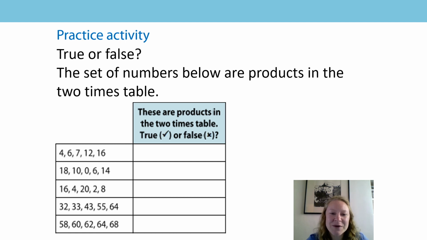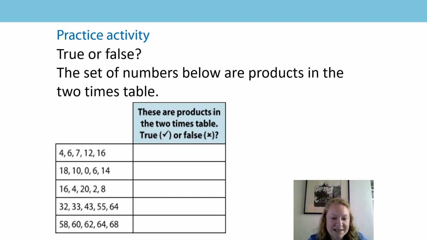So I'm going to tell you now about the practice activity, and then there's also a challenge after this one, but let's look at the practice activity first. Okay, so true or false? The sets of numbers below are products in the 2 times table.